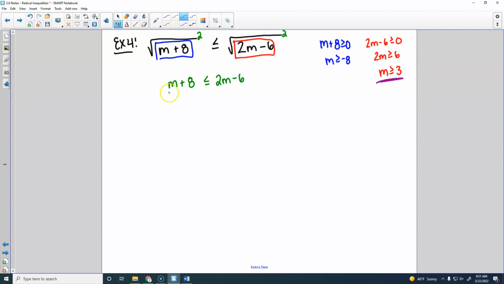And so we will subtract the m and add our 6. So 14 is less than or equal to m. Or I like to turn that around so that the m is first. M is greater than or equal to 14.